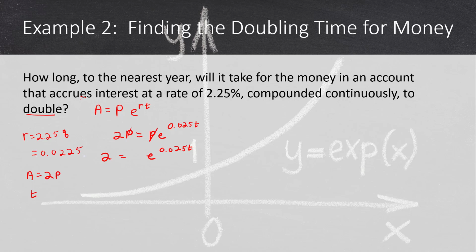We now once again want to take the natural log of both sides. So we're going to take the natural log here. We are going to take the natural log here. And we will have that the natural log of 2 is equal to 0.0225t times the natural log of e.